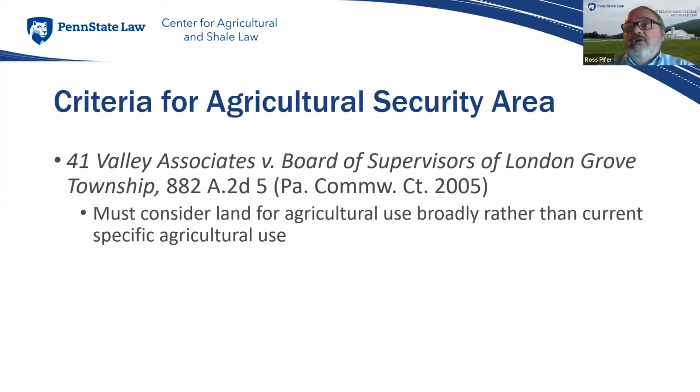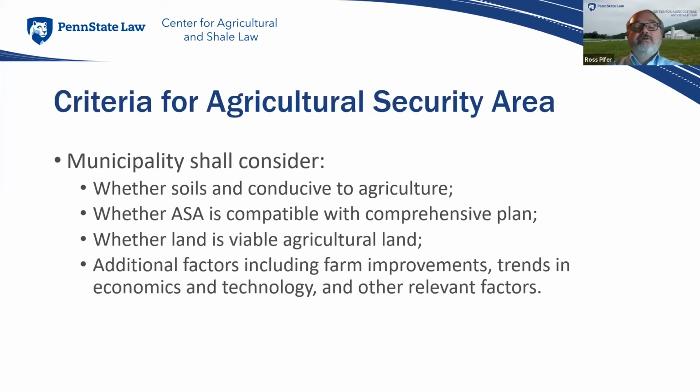The township looked at that particular use and said it doesn't meet the criteria. The Commonwealth Court overruled that and determined that you have to look at these criteria, that you have to look at agriculture broadly. And is this land suitable for agriculture, rather than looking at the particular agricultural use?